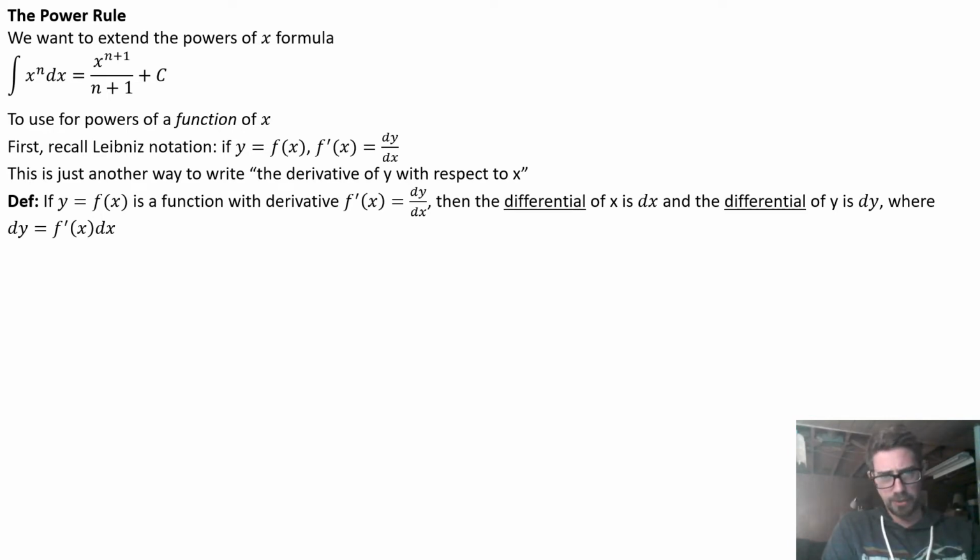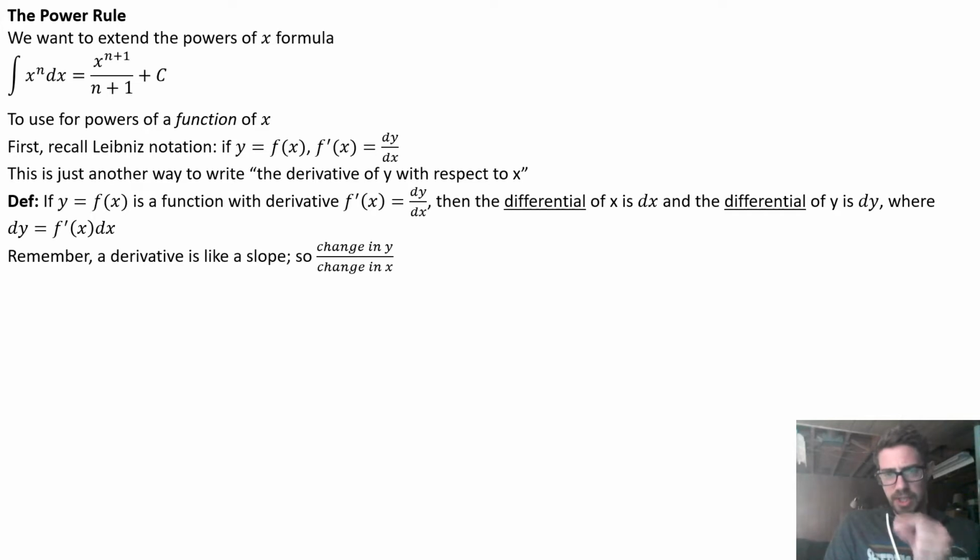And if you do think about that as a fraction and you move the dx to the other side there, then you have dy equals f prime of x dx. So you can think about that as f prime of x times dx. But again, dx doesn't really have any quantity. You can think about it as the quantity as just being 1. So this is all a way to move stuff around in that integral, to rewrite it in terms of like a new variable, so we can use our rules on more complicated stuff.